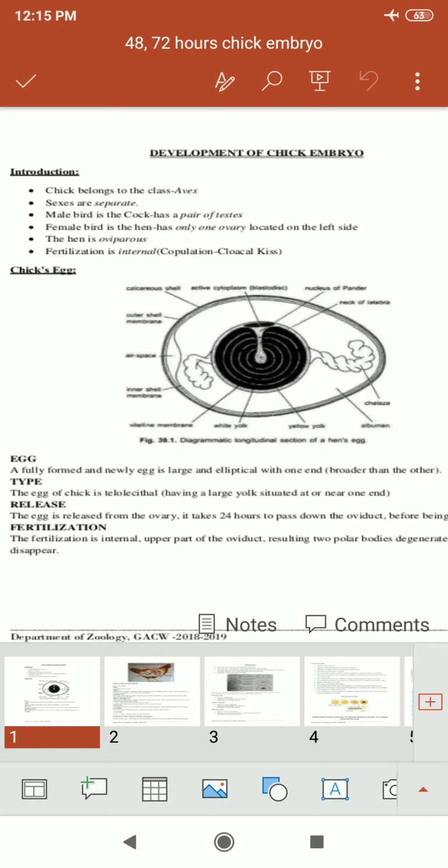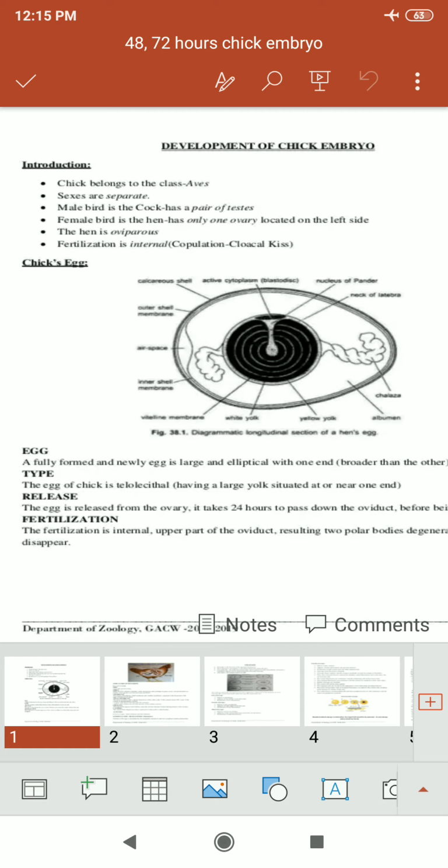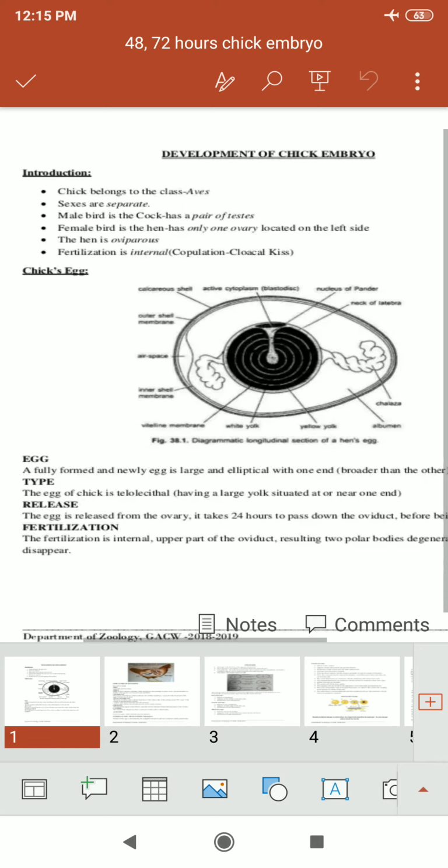The fertilization is internal, by copulation, the cloacal kiss only. The chick's eggs, so you can observe this type of chick embryo.